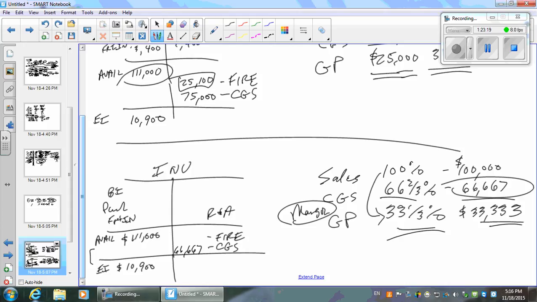You could subtract what cost of goods sold is, the 66,667, and you would get the difference, which is 33,433. All right, because it's 100 extra.